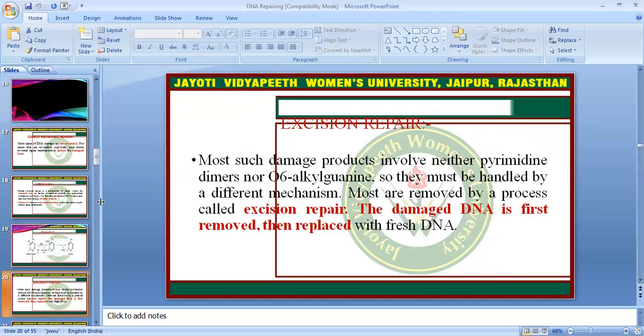Excision repair. Most such damage involves neither pyrimidine dimers nor O6-alkylguanine, so it must be handled by a different mechanism. Most is removed by a process called excision repair.